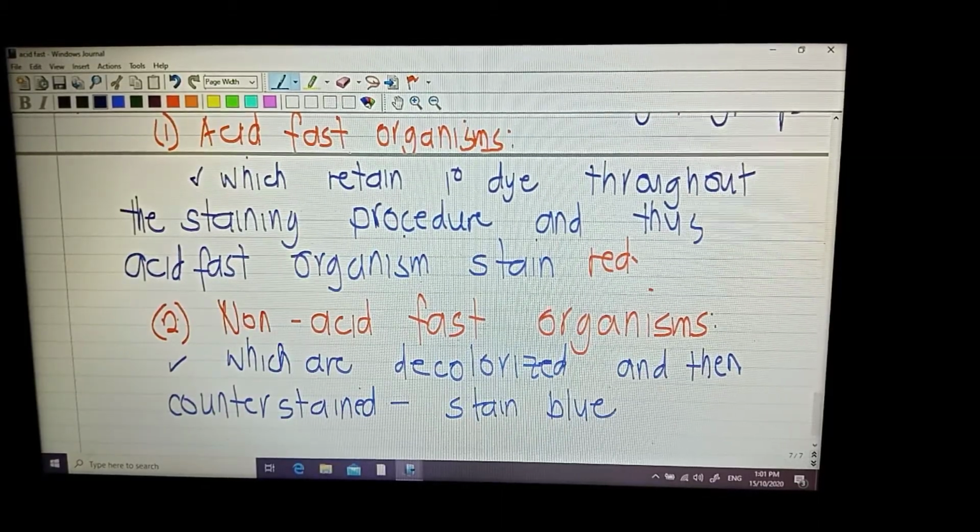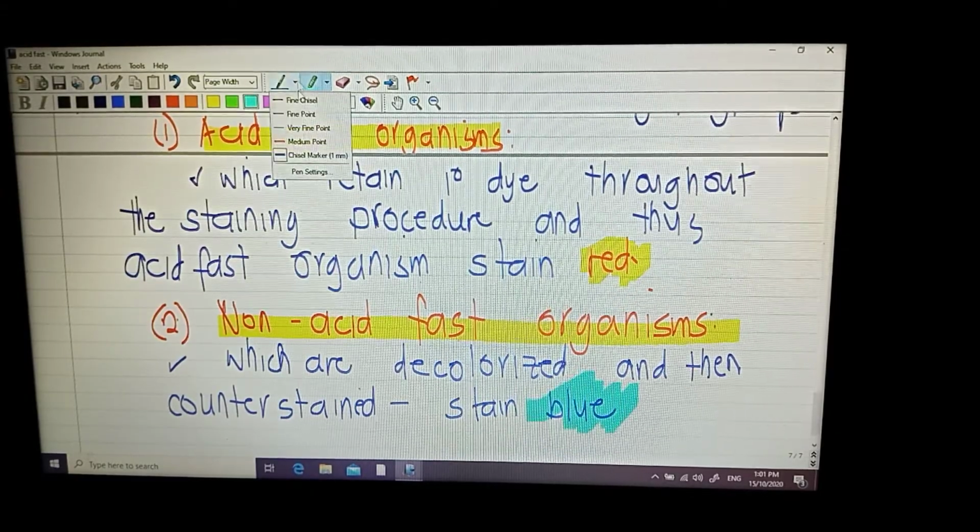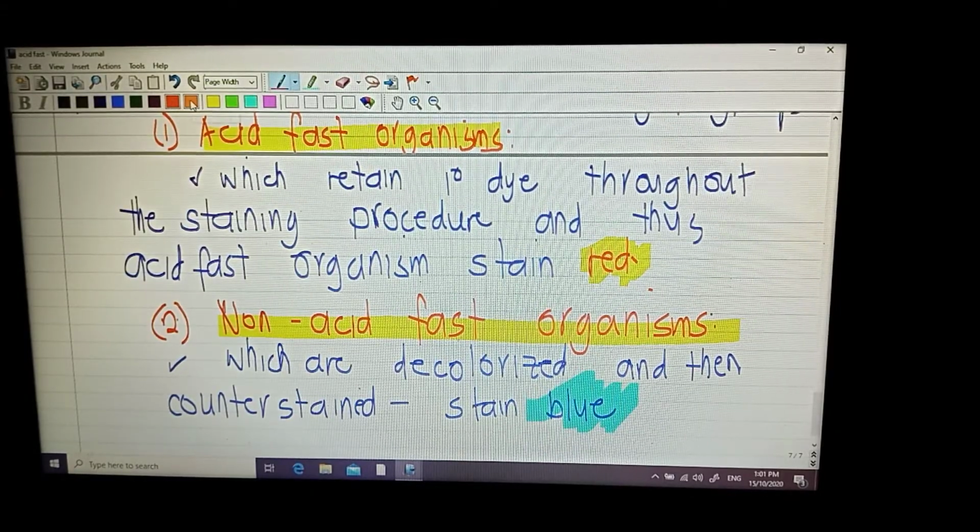Blue. Okay, your acid-fast organisms retain the primary dye all throughout the procedure, so they are stained red. Your non-acid-fast organisms stain blue.